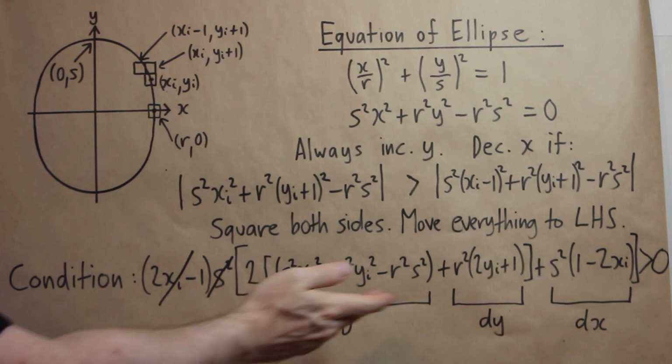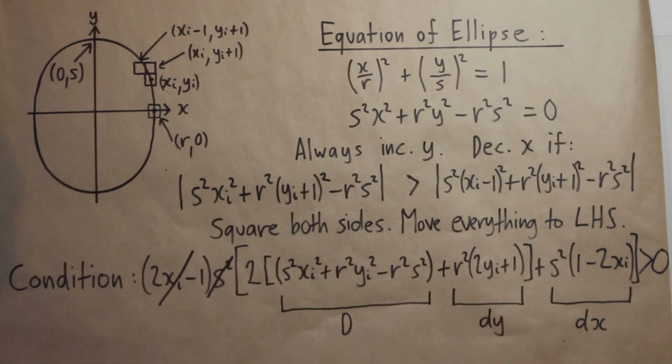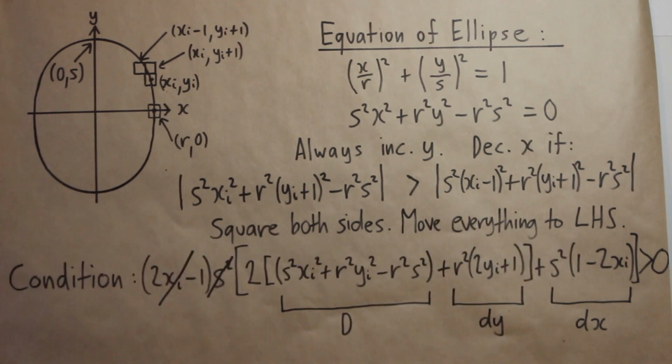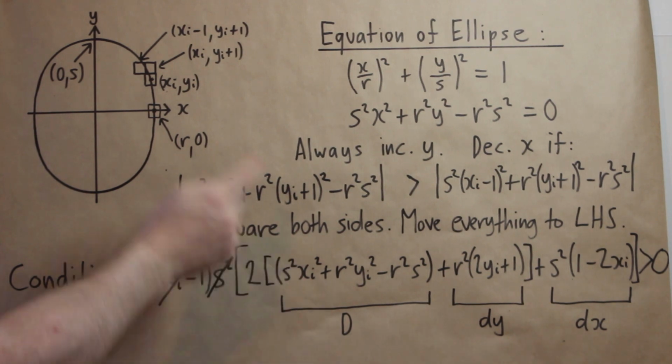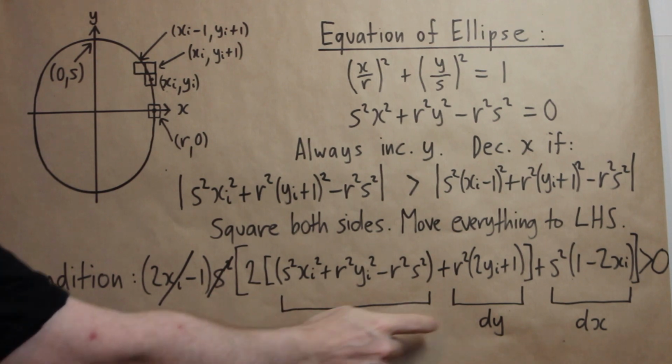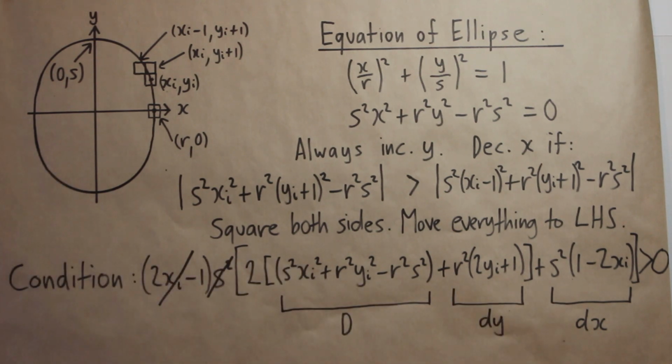And then I'm also going to keep 2 other values, dy and dx, up to date. And then the condition will just become 2 times d plus dy plus dx has to be greater than 0. If it is, then we take the pixel to the upper left. If not, we take the pixel immediately above. So this is a much simpler condition. You just have 2d, dy and dx to consider.